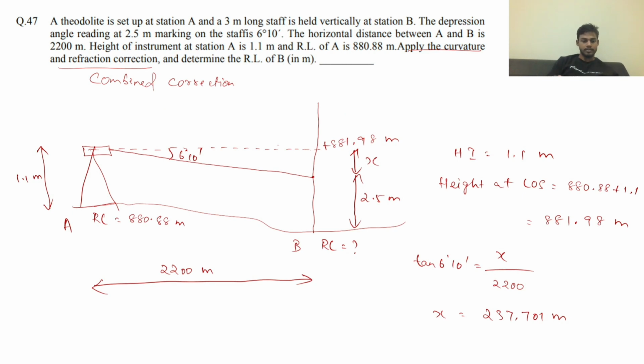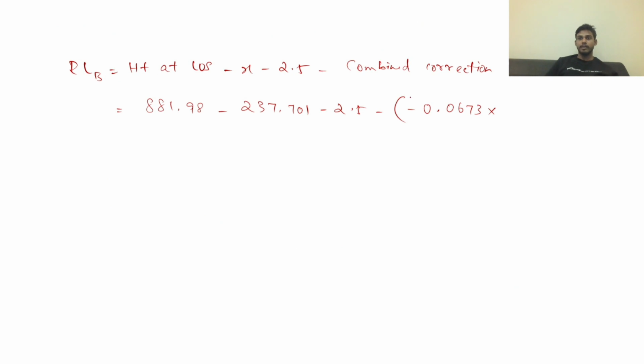D means the distance between A and B, and it must be in kilometer, so 1.2 square. After calculations, we get the answer equal to 642.105 meter.